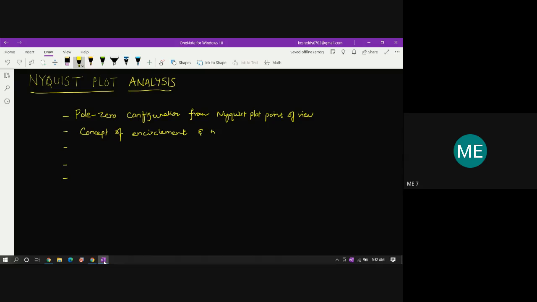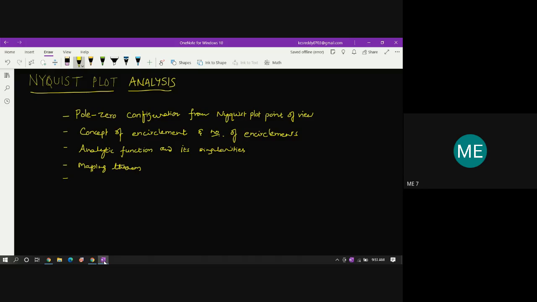The third step is analytic function and its singularities. And the fourth step is the mapping theorem, or we can say Cauchy's principle of argument.